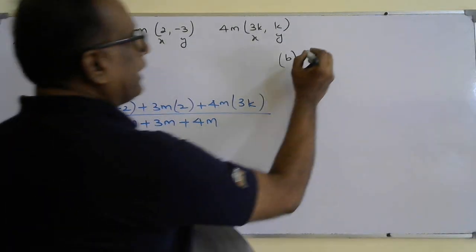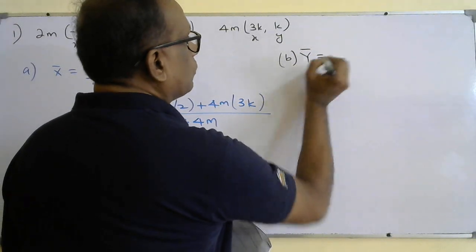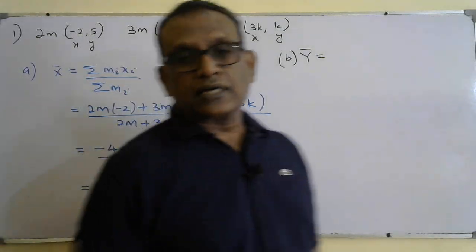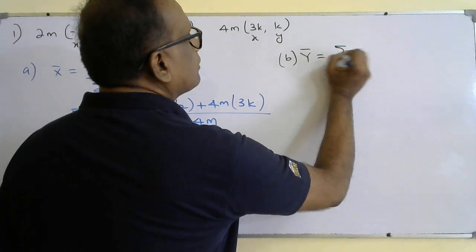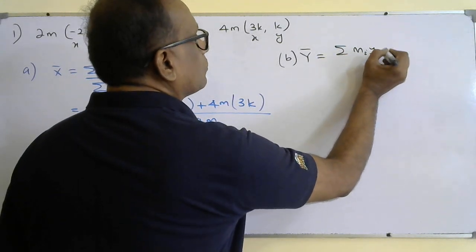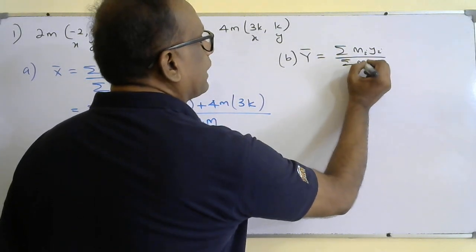Okay, so we'll find the y bar, that is the y coordinate of the center of mass of the given 3 particles. Y bar equals sigma mi yi over sigma mi.